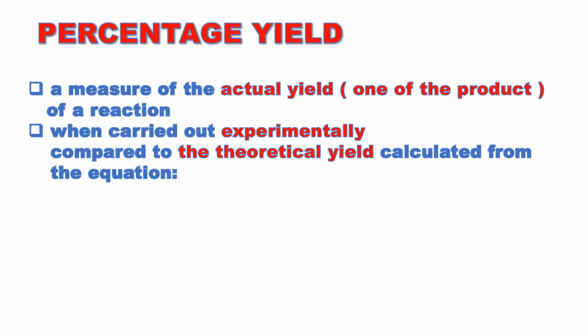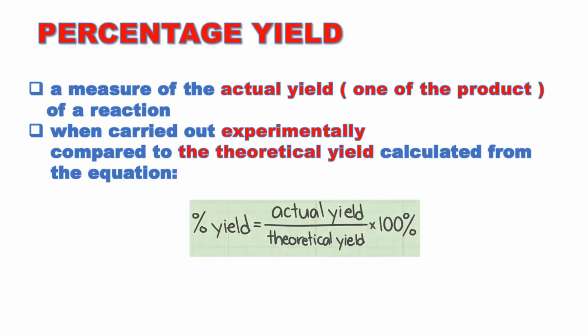Here, two yields: actual yield, and theoretical, or calculated, or expected, or predicted. From this we can obtain the percentage yield. Percentage yield equals actual yield over theoretical yield times 100%.